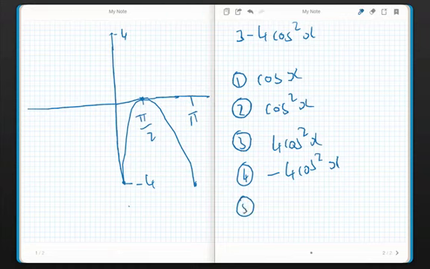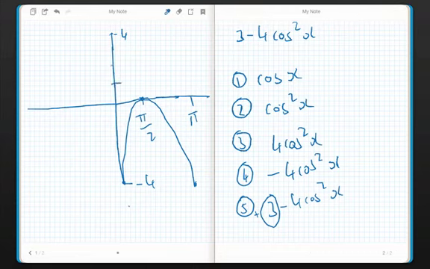Now, the final fifth step is 3 minus 4 cos squared x. Now, this 3 acts as something called a translator when it's outside of this function. That means it moves the graph along the y-axis. So, because it's plus 3, it moves the graph 3 units up.